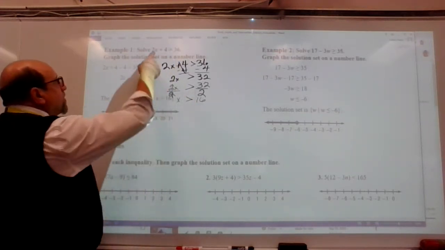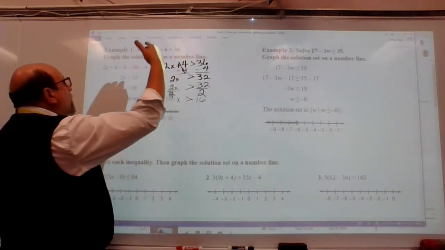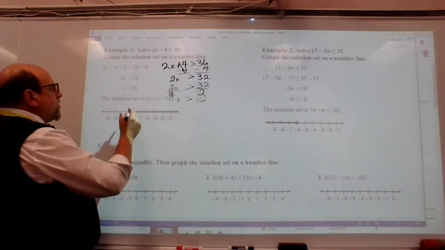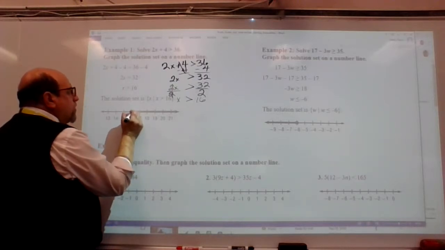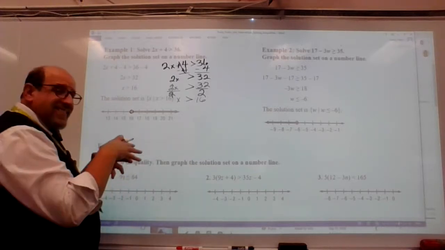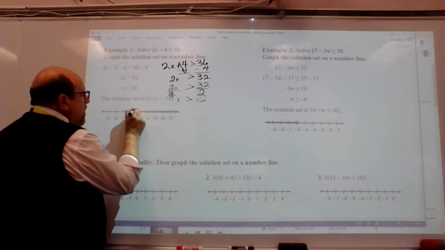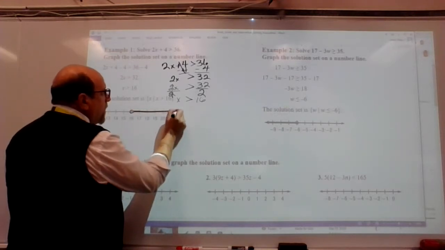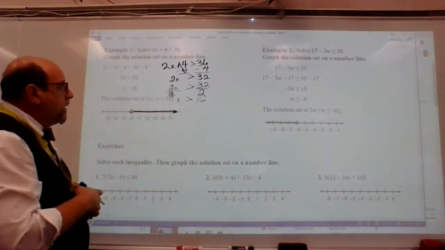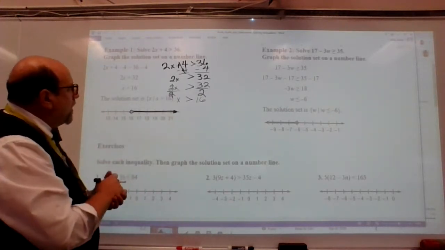Well, if we plug our 16 in, we get 32 plus 4, which is 36, but that isn't greater than 36. So we put an open circle around the 16. That means it doesn't include that value, and then we shade everything to the right and tack an arrow on it, and we're good to go. That's everything greater than 16.